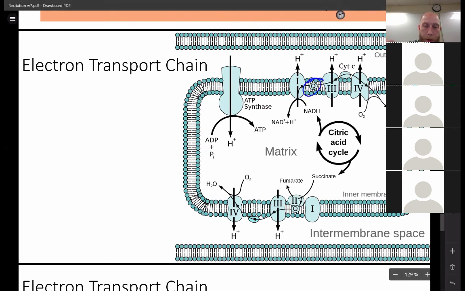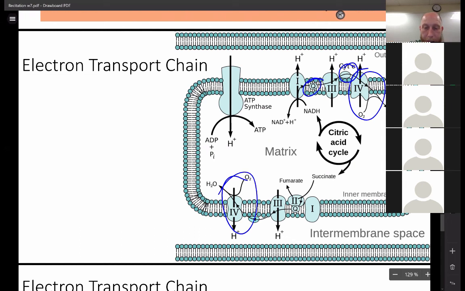Then quinone transfers the energy to complex 3, where it steps down again and goes to cytochrome C. And then cytochrome C passes the electrons onto complex 4. And complex 4 is where the electrons actually get added to oxygen to create water. And so complex 4 is actually where the electrons are going to stop in both cases.